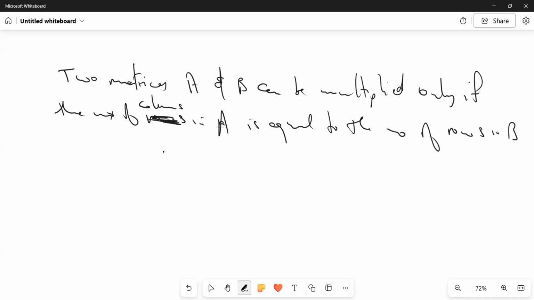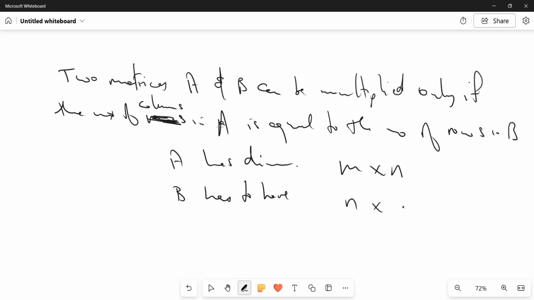So in other words, if A has dimension M by N, B has to have dimension N by some other number, say O. So the number of columns in the first must be equal to the number of rows in the second.